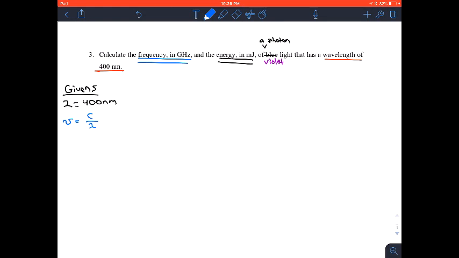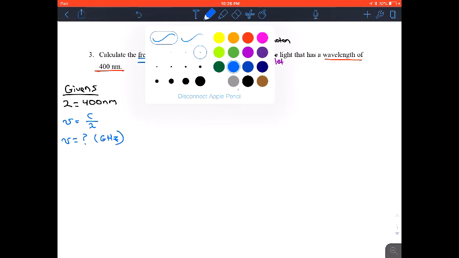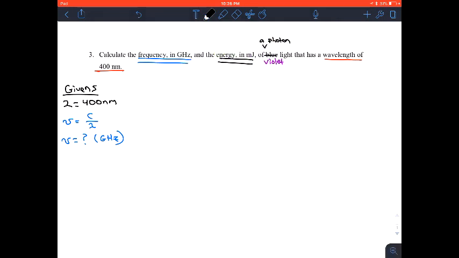Well, it does, but we need to have nu in as a question. And we're looking for nu in gigahertz. Okay. And then we're also looking for energy equals h times nu normally, but in this case we're not given nu.